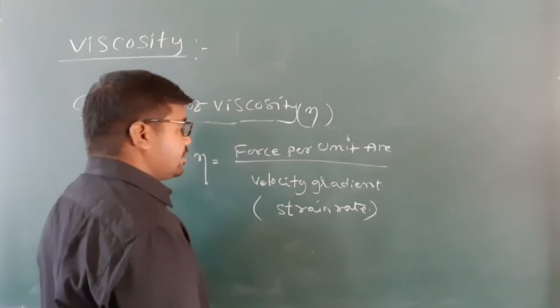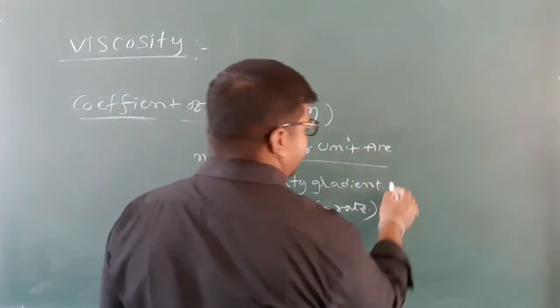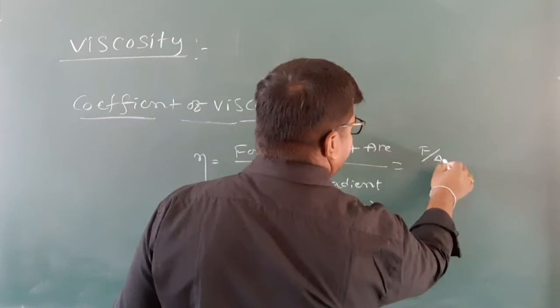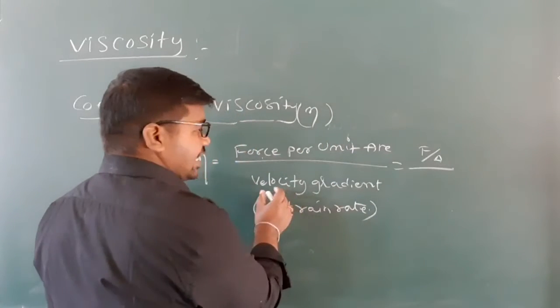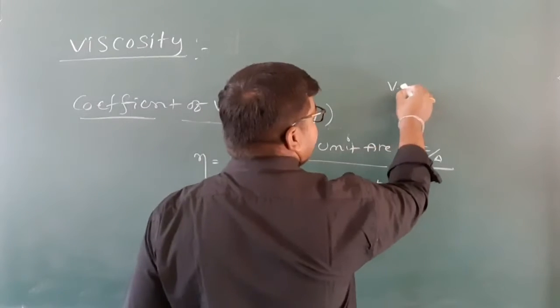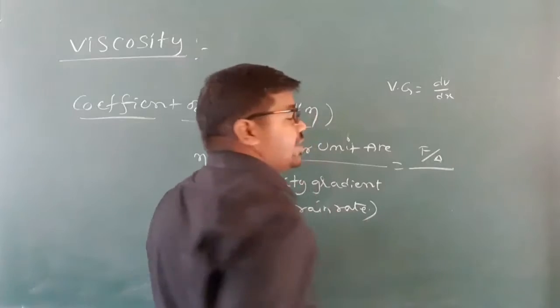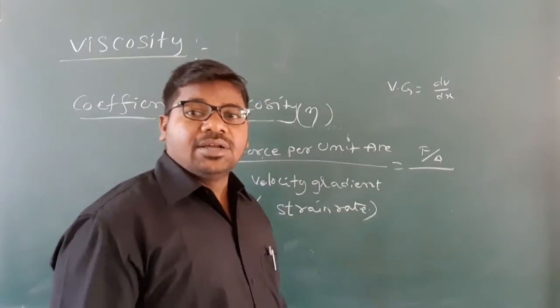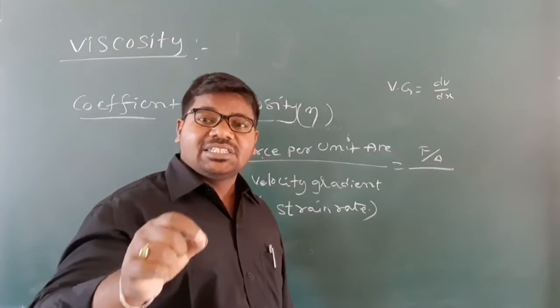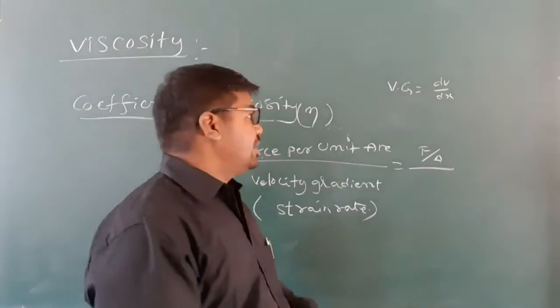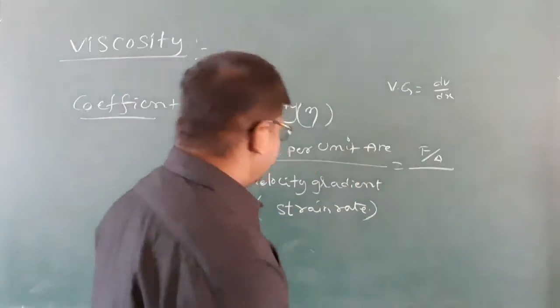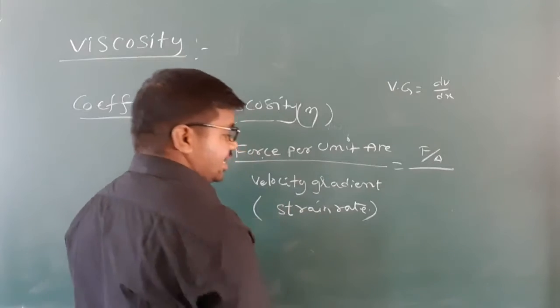Understand? Force per unit area, we know. Then the velocity gradient is denoted dV by dx, that is, velocity per unit length. Or otherwise you can take strain rate.